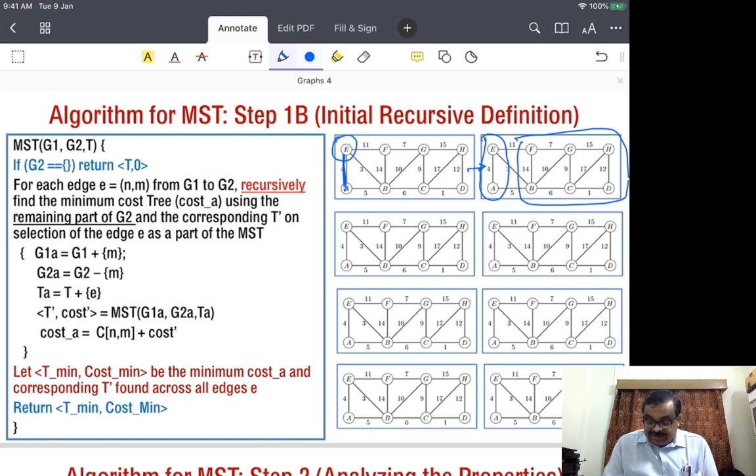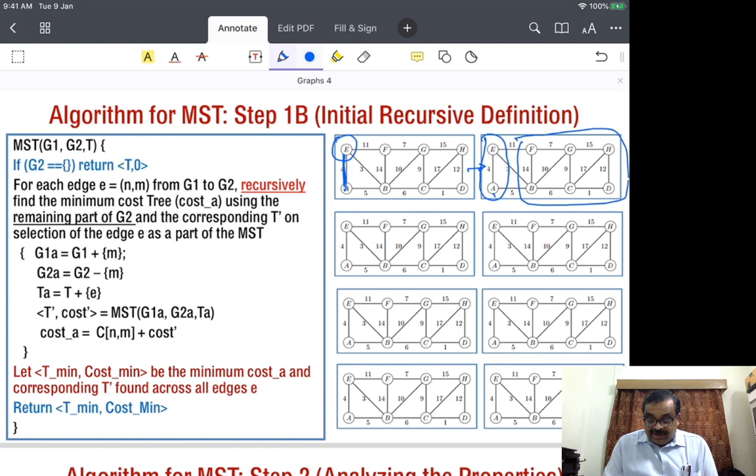It is easy to see that this option and this option lead to the same node, and therefore we can very quickly observe that this one, which is of cost 3, is definitely better to take than this one, which is of cost 5. This observation that from these three we can actually delete one of them will lead us to a more detailed observation that we shall see later.